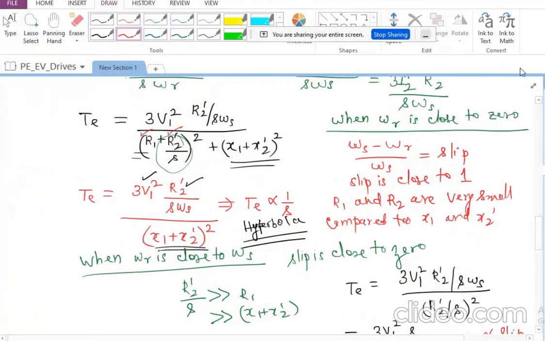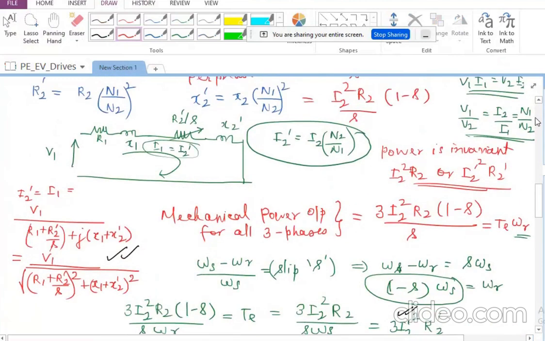We said that when we write the current, the expression was like this: V1 divided by the square root of (R1 plus R2 dash divided by S) the whole square plus (X1 plus X2 dash) the whole square. And S is going to be 1 during starting.